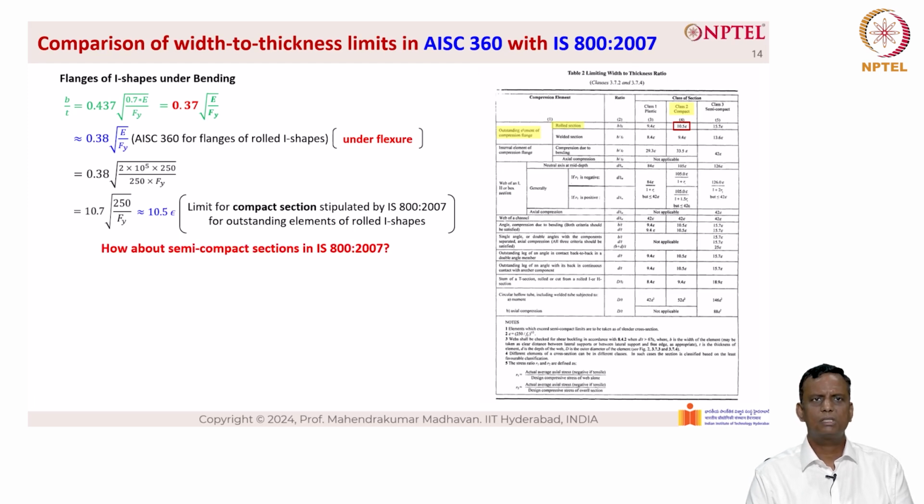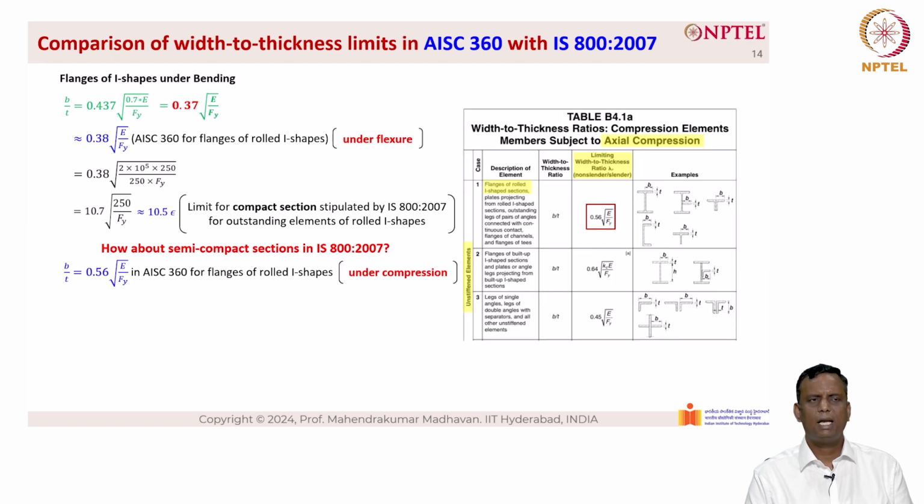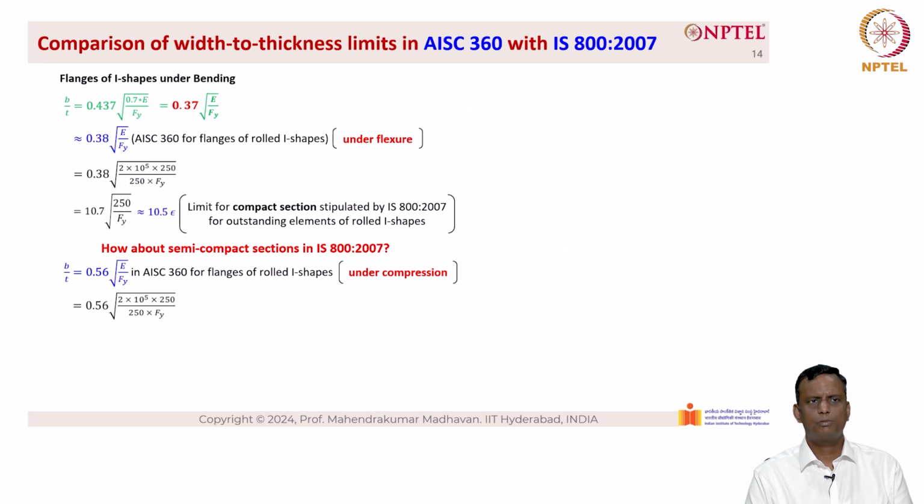Now, how about semi-compact sections in IS 800 2007, which is 15.7 epsilon? We can go to AISC, which gives b/t equal to 0.56 into root of E by F sub y for flanges of rolled steel sections under compression. And when we substitute the values here, we get 15.8 into root of 250 by Fy, which is very similar to 15.7 epsilon given in IS 800.